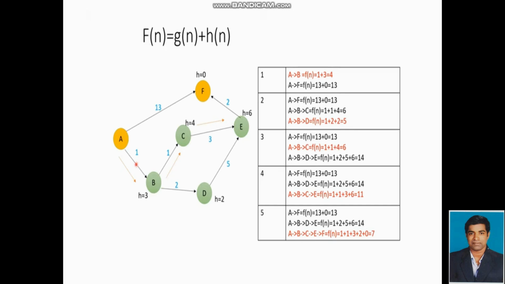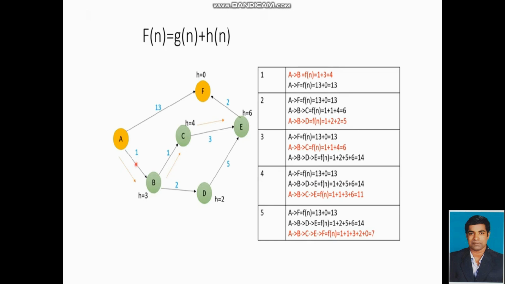So here the minimum fitness number is for the path A, B, C alone. That is why we choose it for the next navigation, and A to F and A, B, D, E we write as they are because their fitness numbers are high.